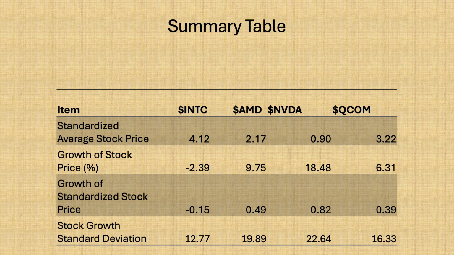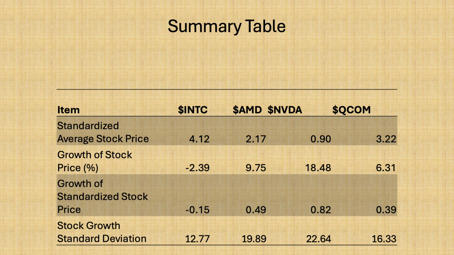AMD's is 0.49, while Qualcomm's is 0.39, and Intel's is negative 0.15. This row tells us the return per unit of risk. The return per unit of risk for NVIDIA is almost double that of AMD, and almost triple that of Qualcomm, again confirming the above.